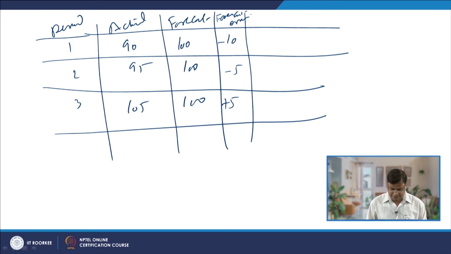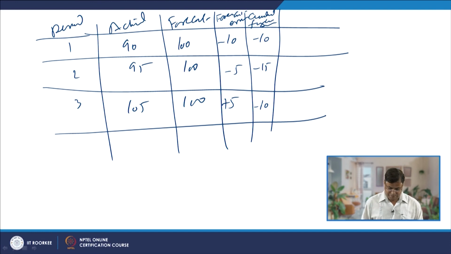Then we have the cumulative forecast error. Here the first is minus 10, the second is minus 15, and then it will be again minus 10.